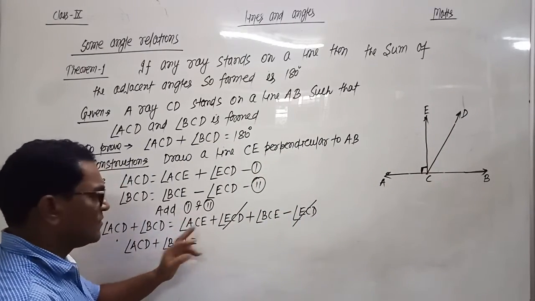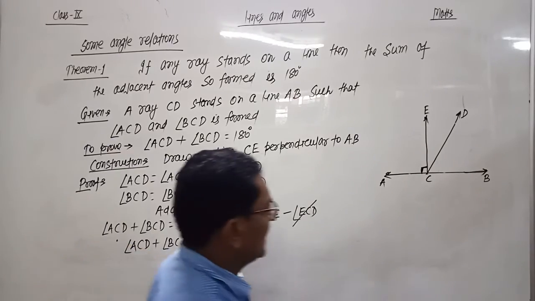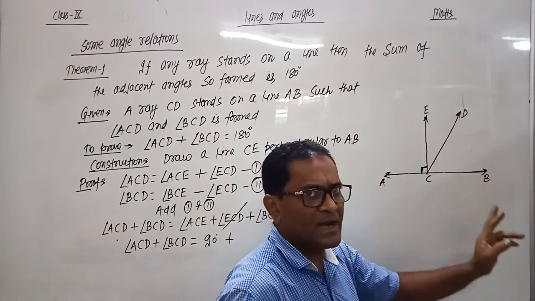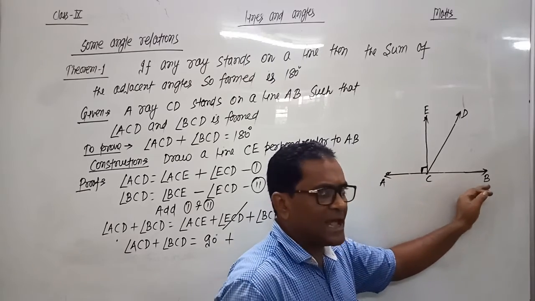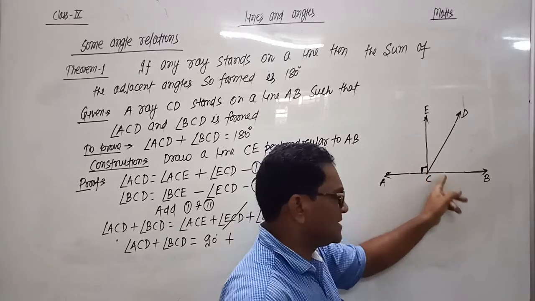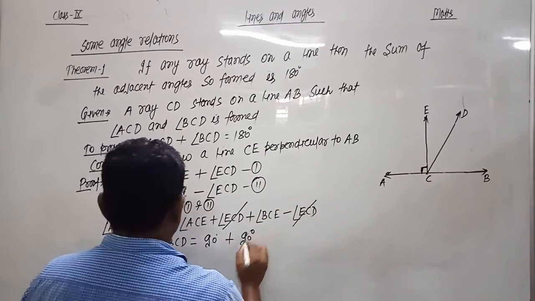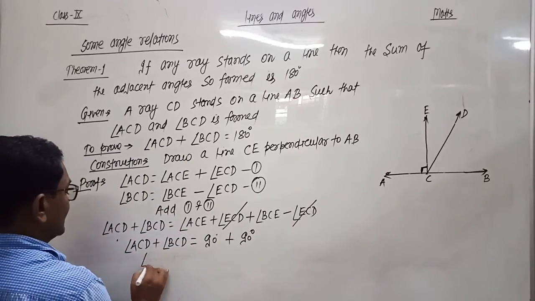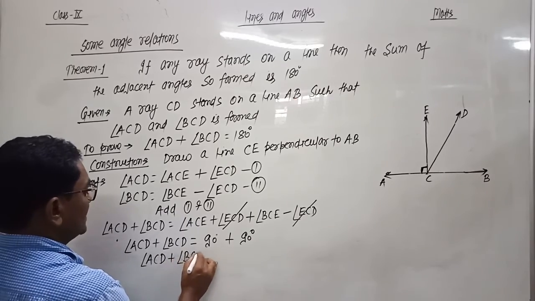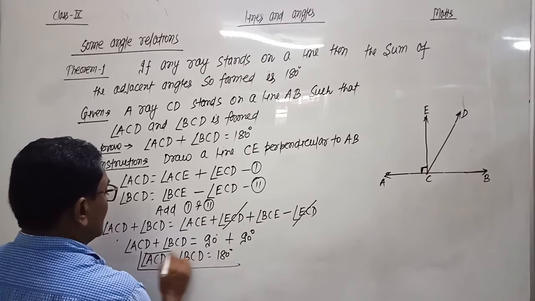Angle BCE is also 90 degrees, because on a straight line the total angle is 180 degrees. So angle ACD plus angle BCD equals 90 plus 90, which is 180 degrees.